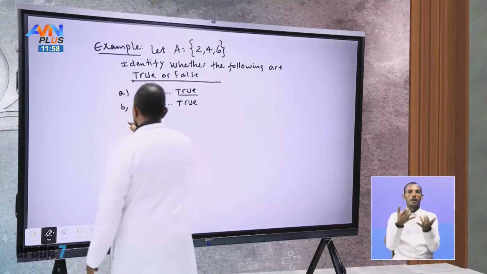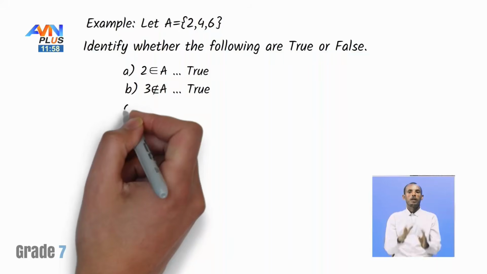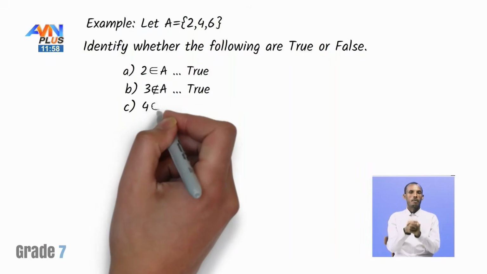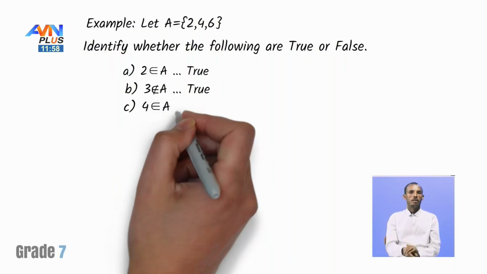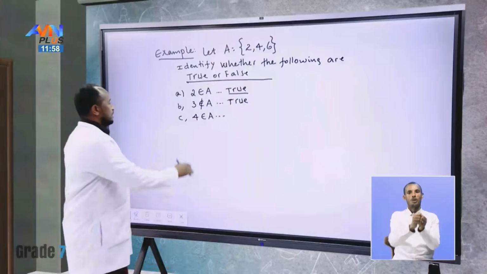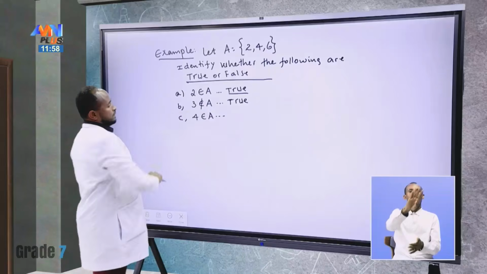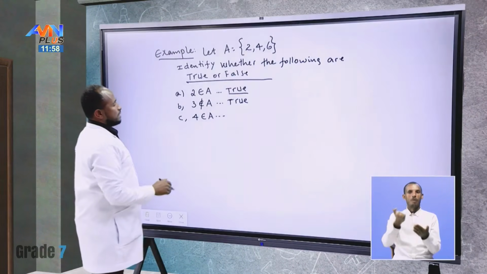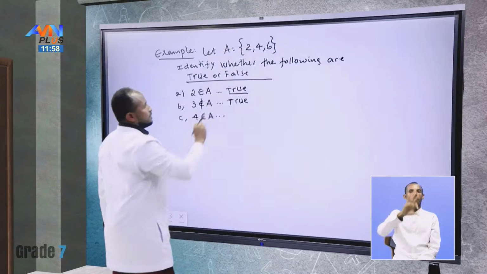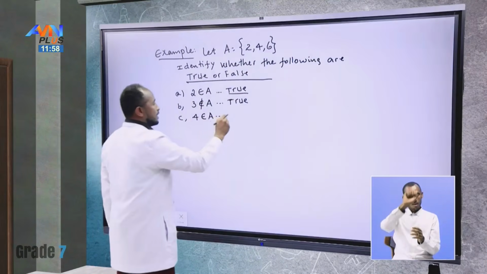Now, let's continue to the third example. 4 is an element of set A. Here this says 4 is an element of set A. 4 is found in this set. Yes, it's found. So the answer is true.